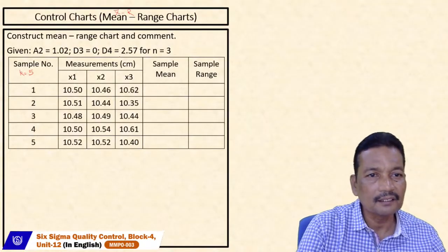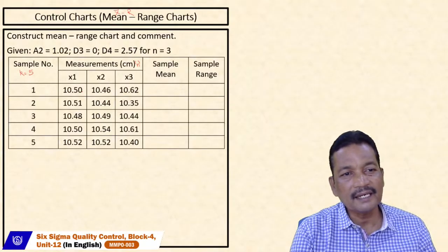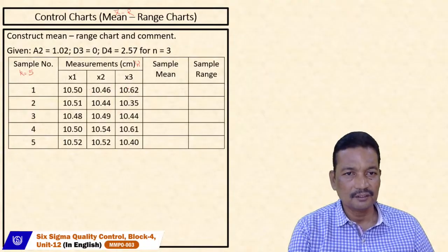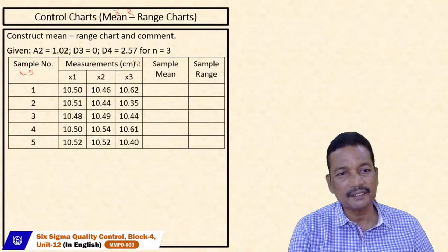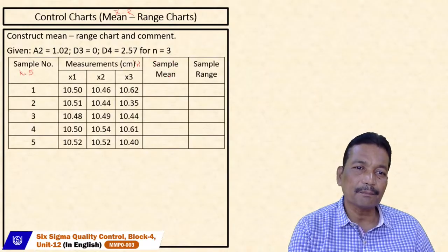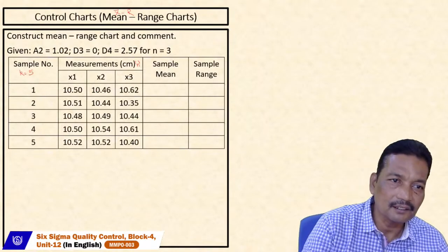Each sample, how many items are tested in each sample? 3 items. So n represents number of items picked up in a sample. Now we have to find out sample mean. That means the sample average. Suppose the first sample.